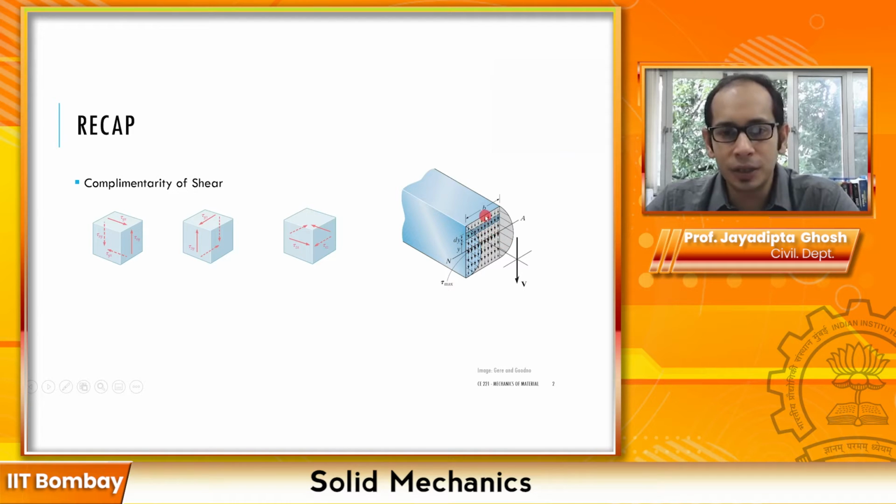Focusing on the top and the bottom, the formulation works out like that, and intuitively the shear stresses there are negligible or zero simply because you do not have any shear on the top surface. If you have one tau over here, you will have an equal complementary shear here, but on the top surface you do not have any shear, so the complementary shear will be zero.